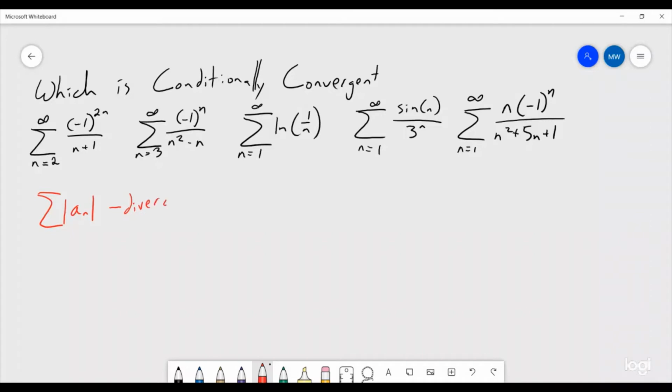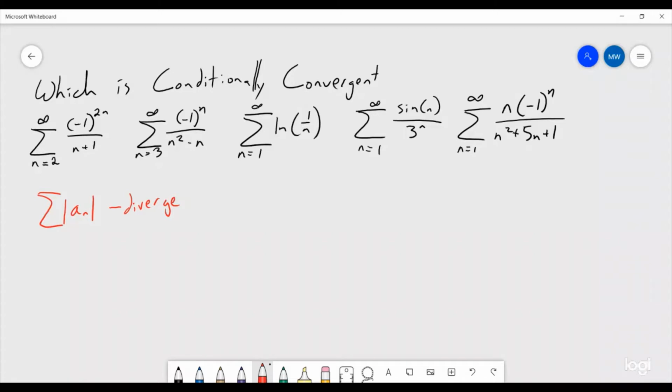So we're looking for which of these is going to have the series when we take the absolute values diverge. Because it turns out all of these are going to diverge or converge as they are written. So we are looking to see which one is conditionally convergent. So we are looking to see which of these diverges when we take the absolute values.